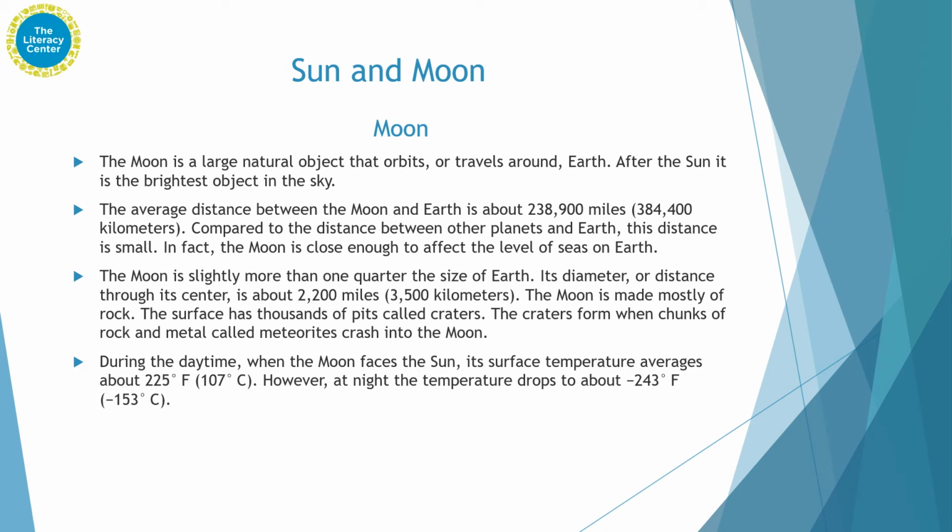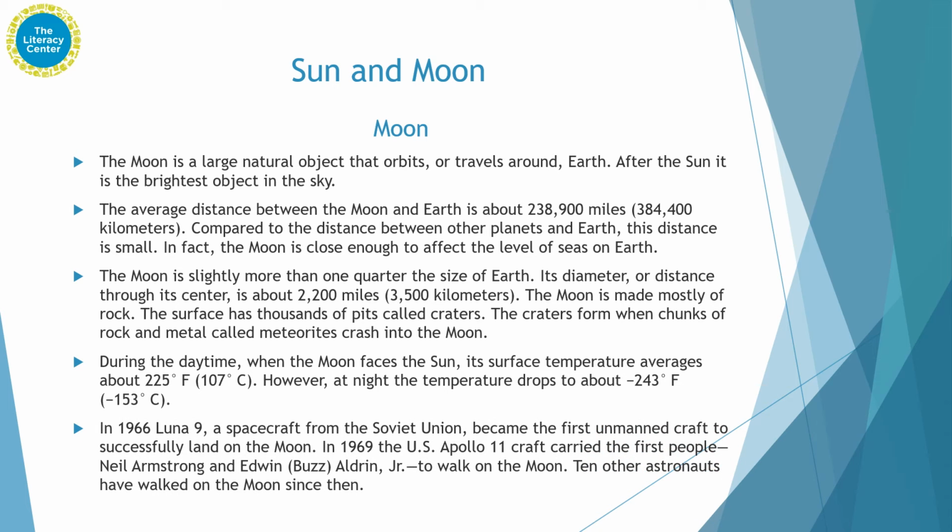During the daytime, when the Moon faces the Sun, its surface temperature averages about 225 degrees Fahrenheit, that is 107 degrees Celsius. However, at night the temperature drops to about minus 243 degrees Fahrenheit, that is minus 153 degrees Celsius.